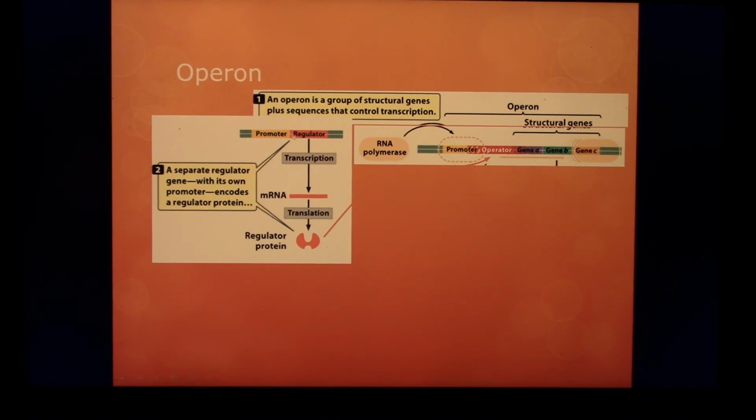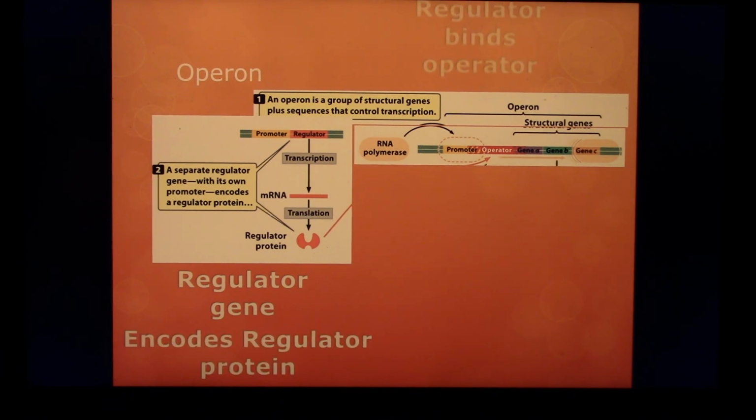There's a separate location, not part of the operon. This is separate from the operon. It encodes a gene called the regulator, and it has its own promoter. It is also transcribed and translated into a protein that can bind to the operator.